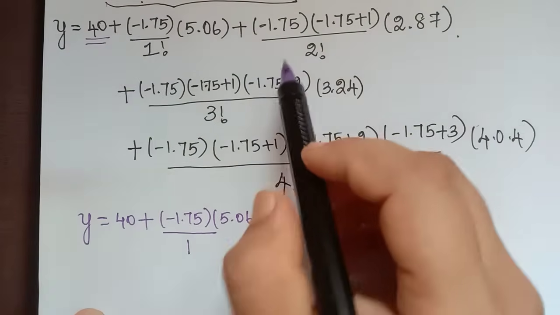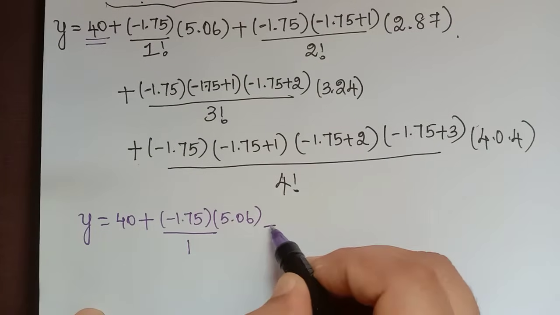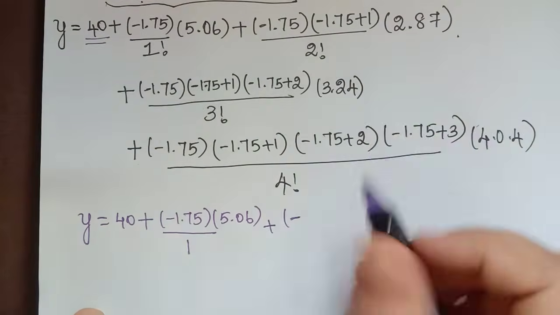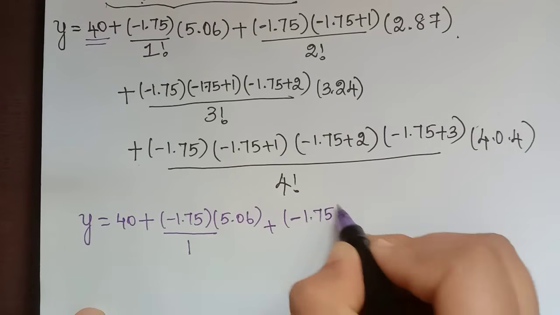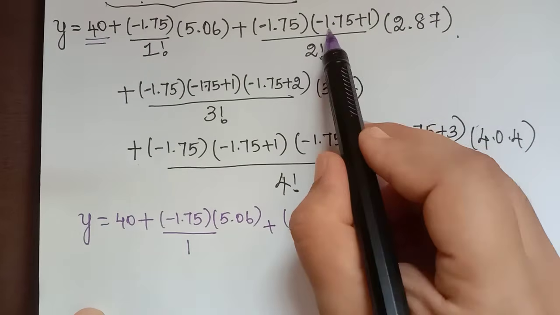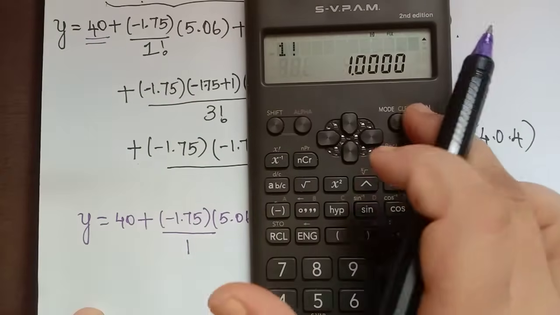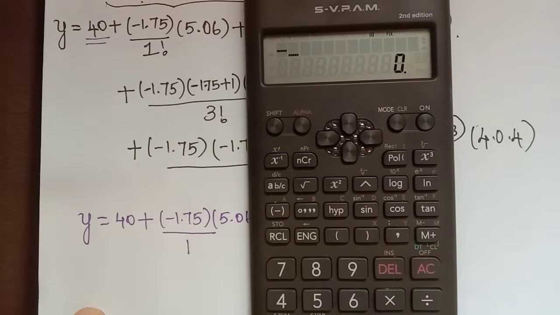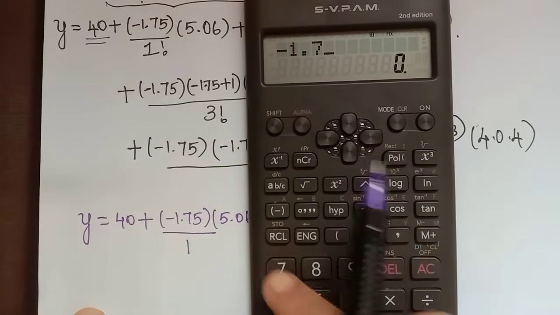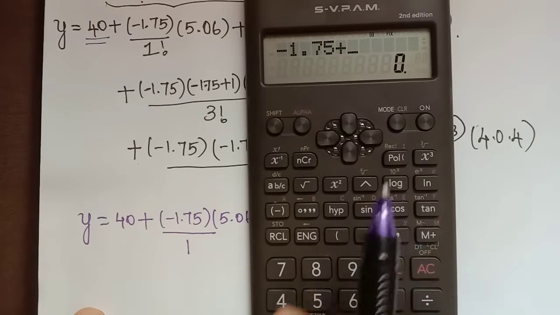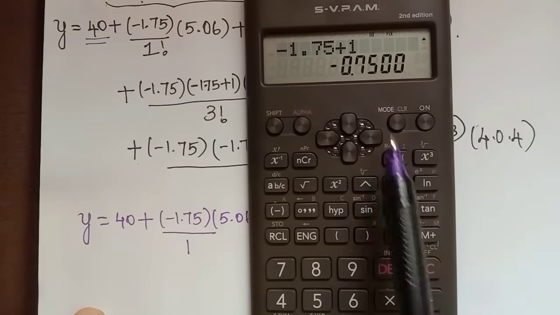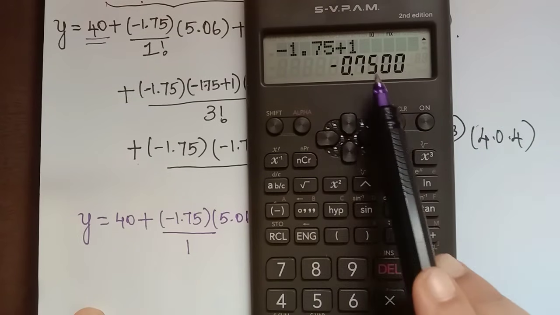And then next we have plus minus 1.75 multiplied with minus 1.75 plus 1. So you see here, minus first you put, then 1.75 plus 1. So that is equal to minus 0.75.